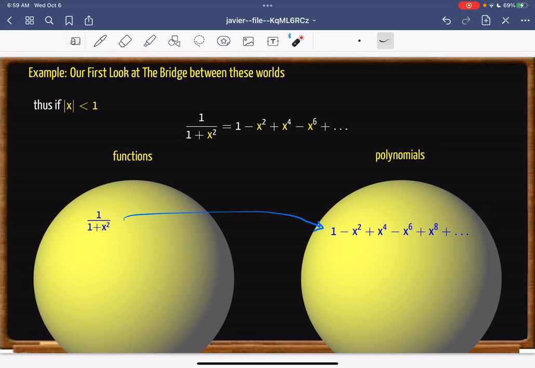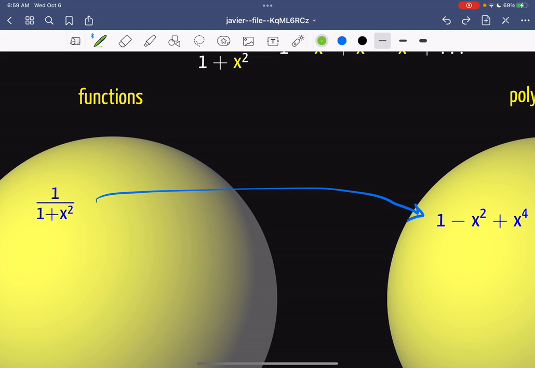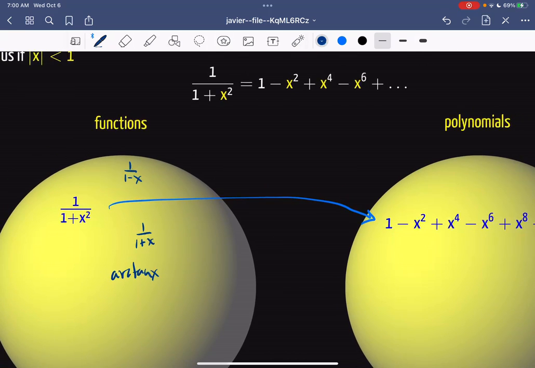The point is that we did lots of functions today and we connected them to their polynomial. We started off with the most innocent looking one, 1 over 1 minus x. We changed that to 1 plus x. We did arctangent, and really you could do a bunch of these using these cute, creative, beautiful tricks.